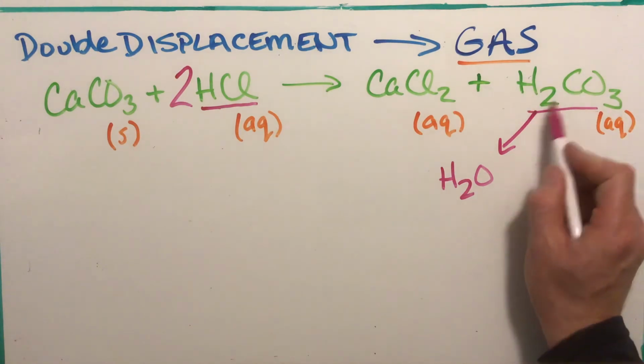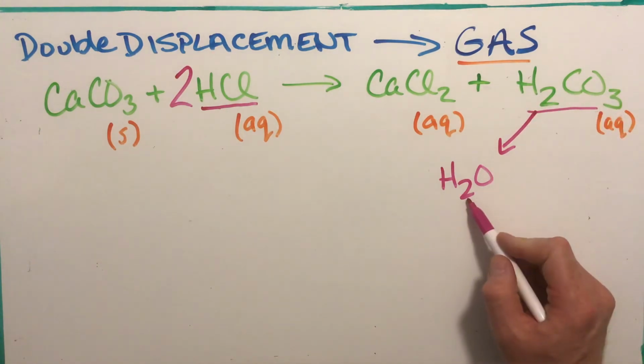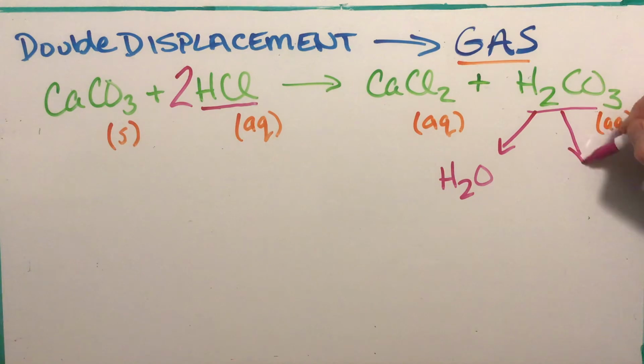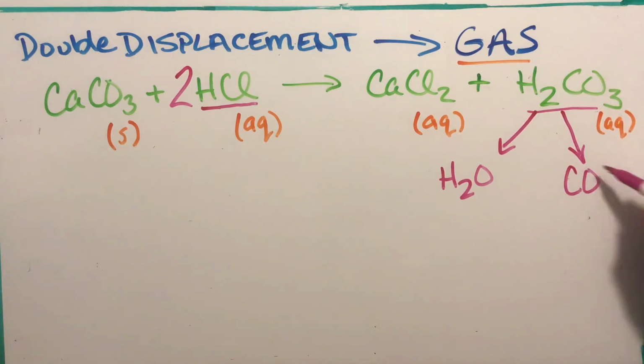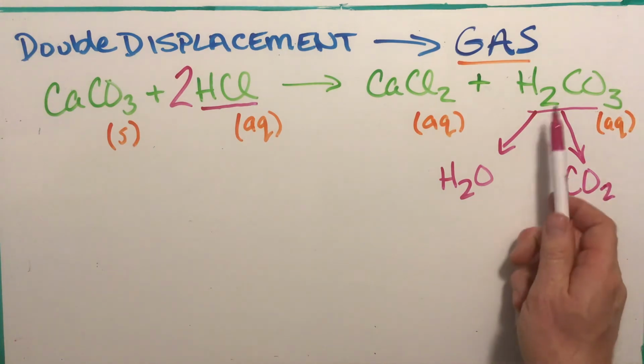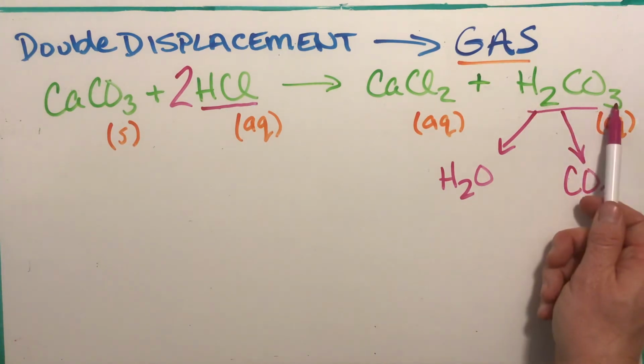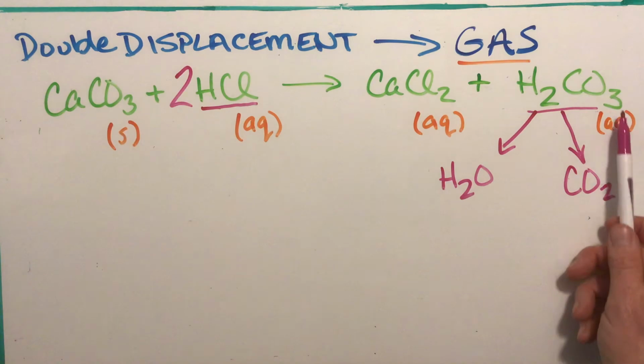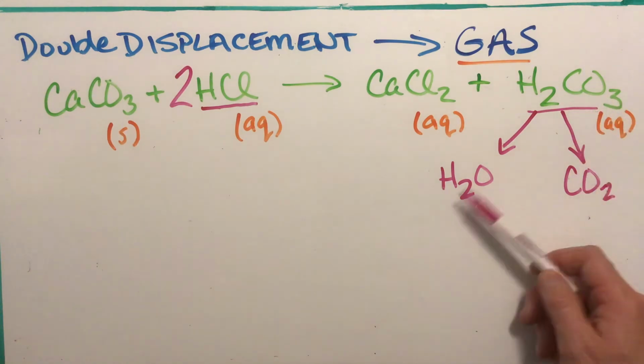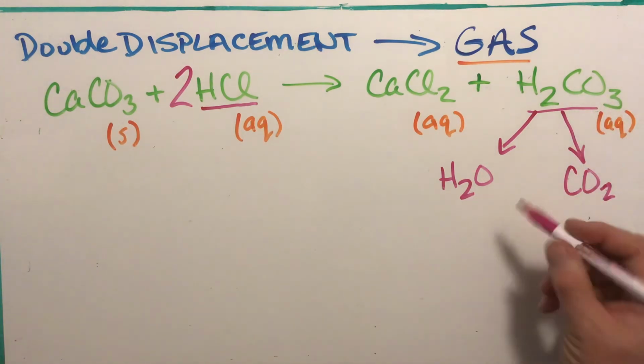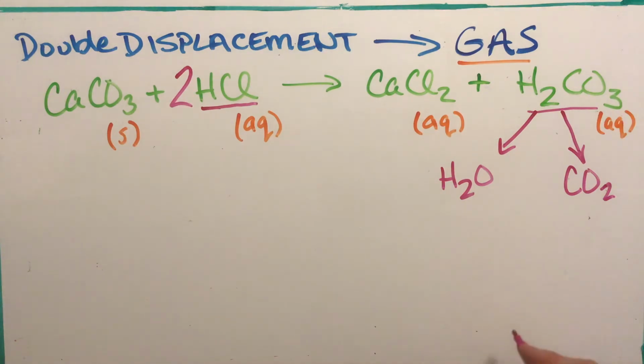And what would be left? Well, the 2 H's went here and one of the O's. The other component would be CO2. All right? So the second acid breaks down. H2 and one of these O's goes here, and you'd be left with CO2 because one of the O's went over there. CO2.